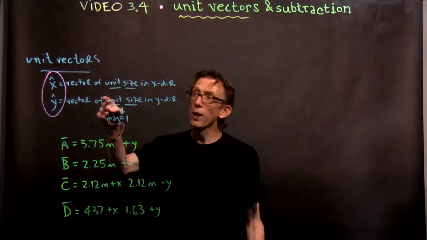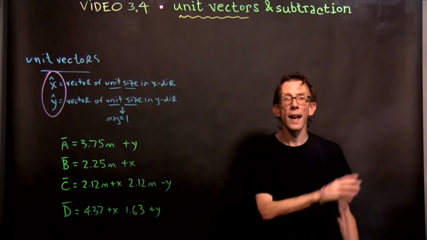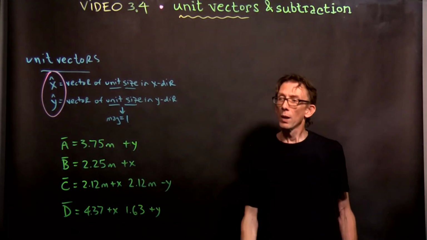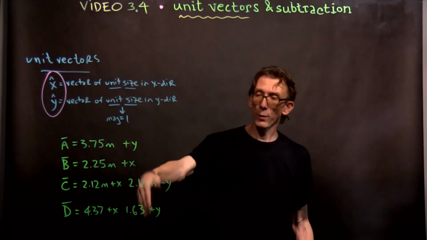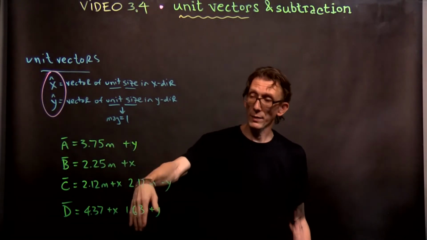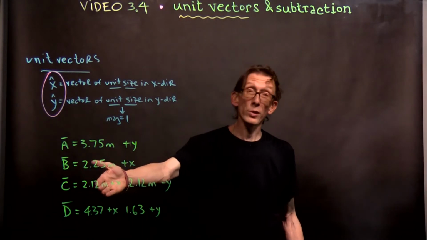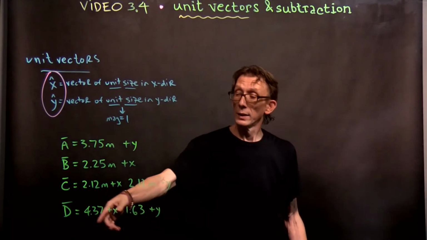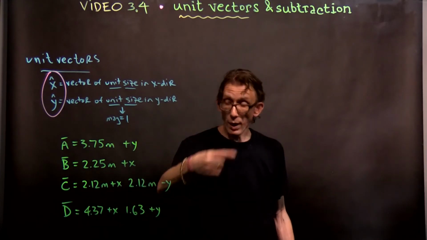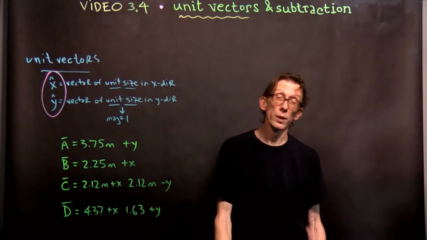Well, the thing about unit vectors is it makes these vectors really easy to write down. This is certainly true what I've written, 3.75 meters in the positive y, 2.25 in the positive x. C was more complicated. It went 2.12 meters to the right, 2.12 meters down, which is negative y, and then D was up and to the right, so it was positive x 4.37 and positive y 1.63.